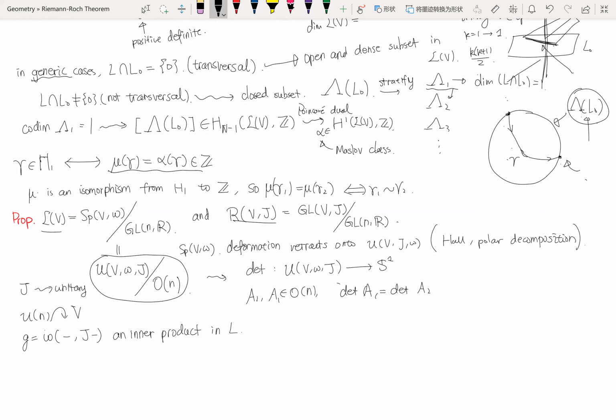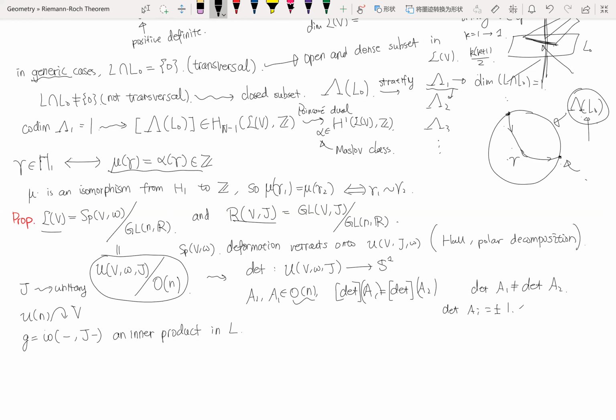No, I think we add this to know that this is the thing that we pass to the quotient. But we know that determinant A1 cannot equal determinant of A2, because in these cases the determinant of Ai is plus or minus 1.